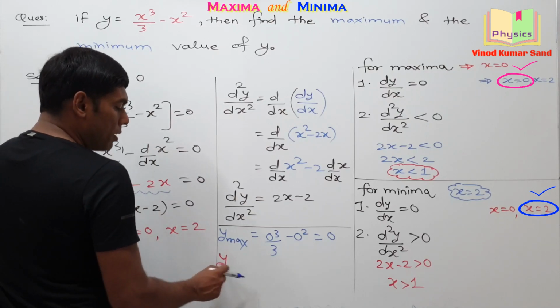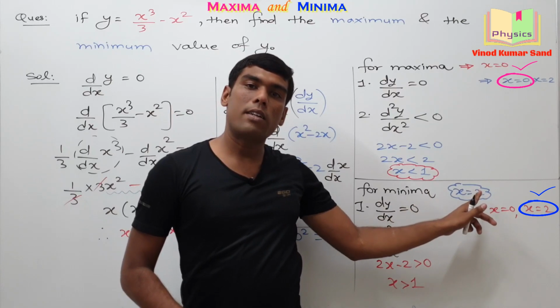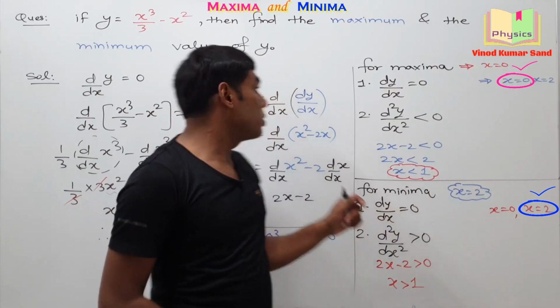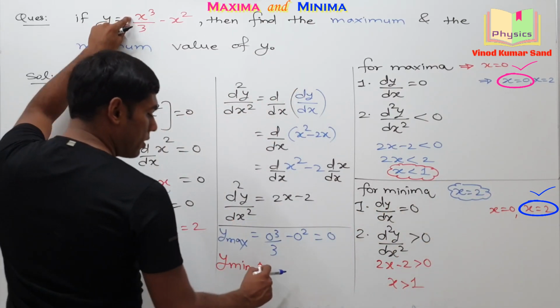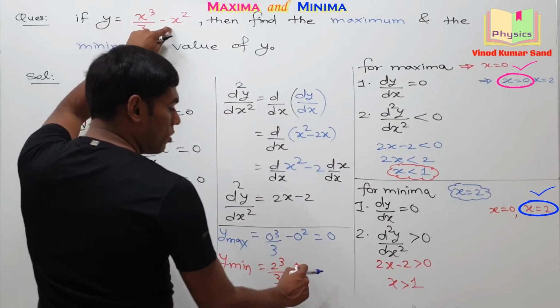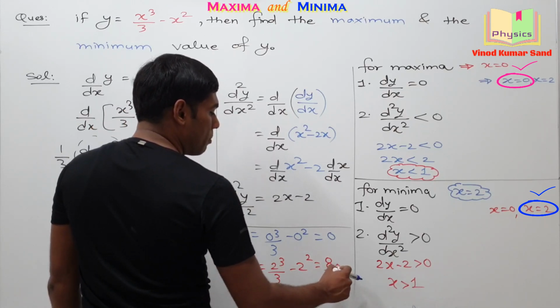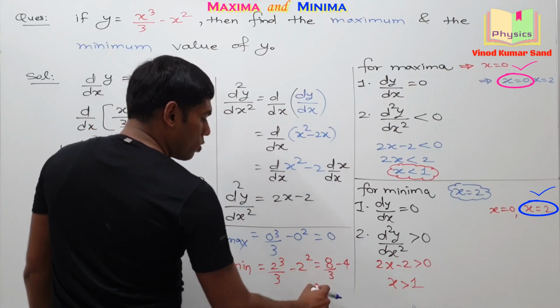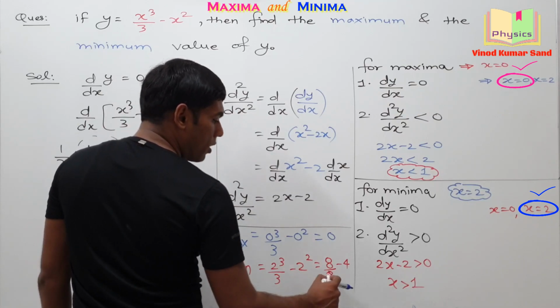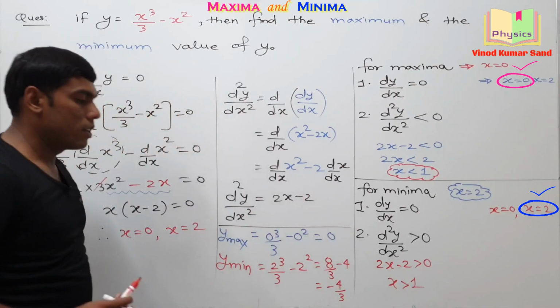Then we want the minimum value of y. The minimum value of y will be obtained using x is equal to 2. So let's put it here. 2 cube by 3 minus 2 square. So it is 8 by 3 minus 4. So the final computation is equal to minus 4 by 3.